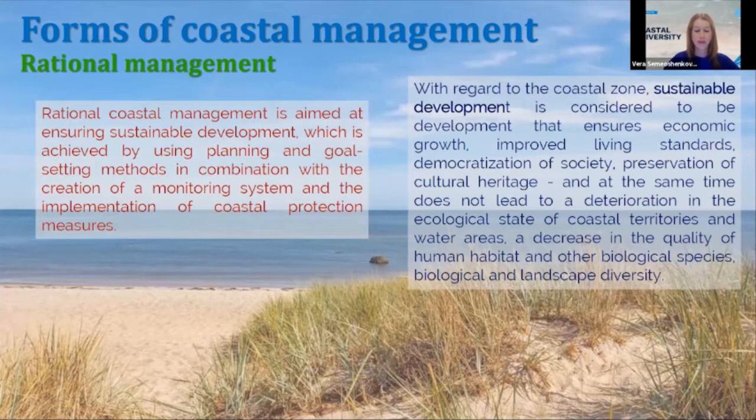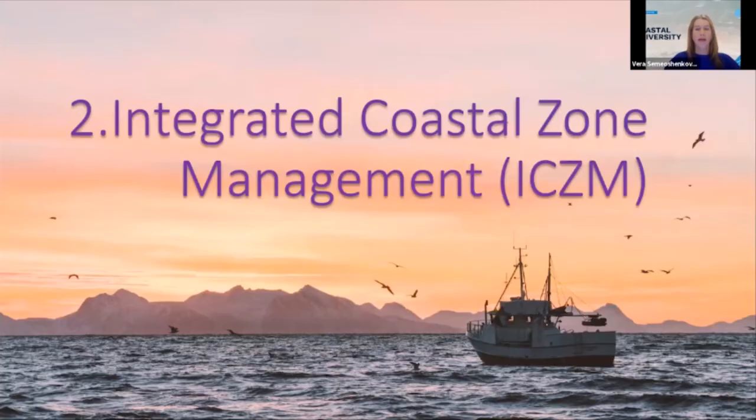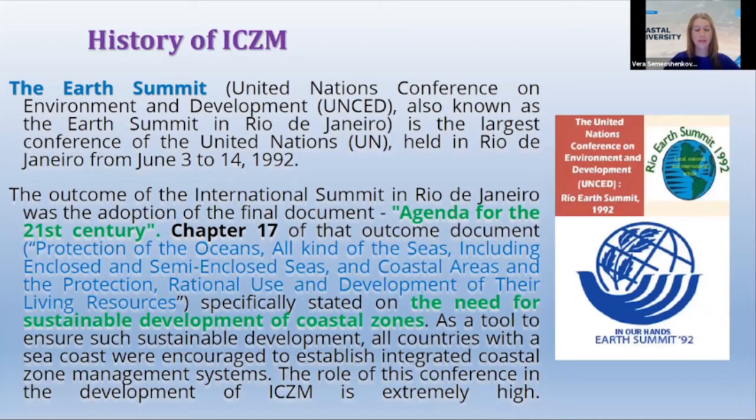With regard to the coastal zone, sustainable development is considered to be instrumental in economic growth, improved living standards, democratization, cultural heritage, without deteriorating the ecological state of coastal territories and water areas, a decrease in the quality of human habitat and other biological species. At the heart of rational management, there are reclamation and conservation.